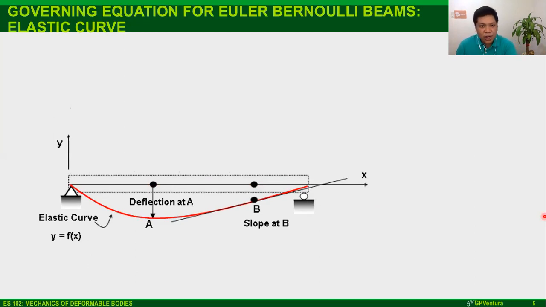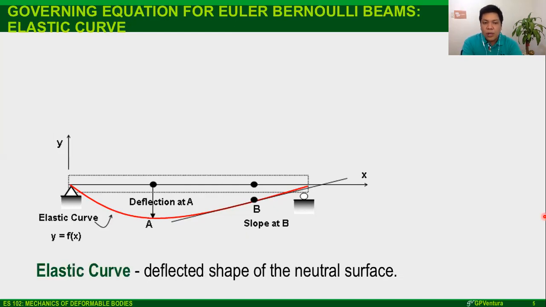Now, the elastic curve is the single defining line in order for us to be able to describe the behavior of the entire beam. So once we know the equation of this elastic curve, we now know the behavior of the entire beam. The elastic curve is a simplification of the entire structure, meaning if we want to get deflections or slopes at different points in the beam, we only need to observe the elastic curve.